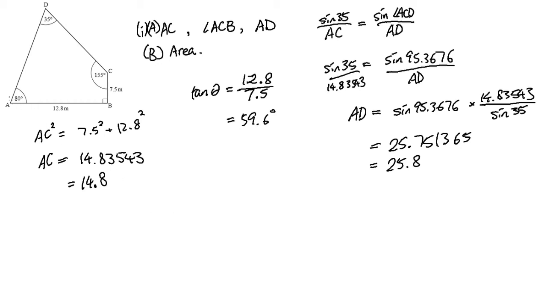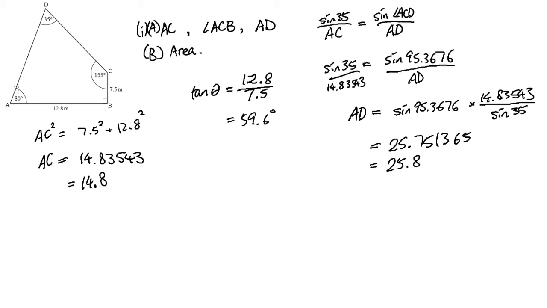So for this bit, we know AD in the form of here. We know AC and AD, so we want angle DAC or CAD to use the half AB sine C equation.